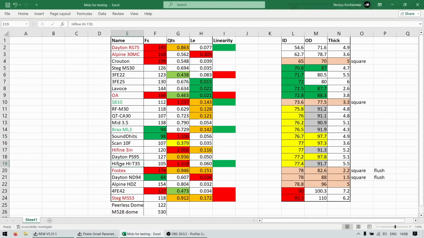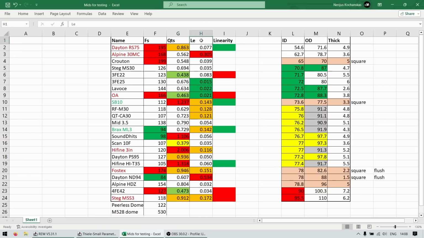The other Chinese one, a Hi-Fine T35, 1.3, high as well. And this one, the other Hi-Fine, which is very surprising, has a Q of 2. So it's a very, very high Q. And I guarantee that it's going to have a massive peak at about FS in the frequency response. So yeah, not ideal. Not a disaster, but not ideal. So this is just a comparison of how big or small the Q is.